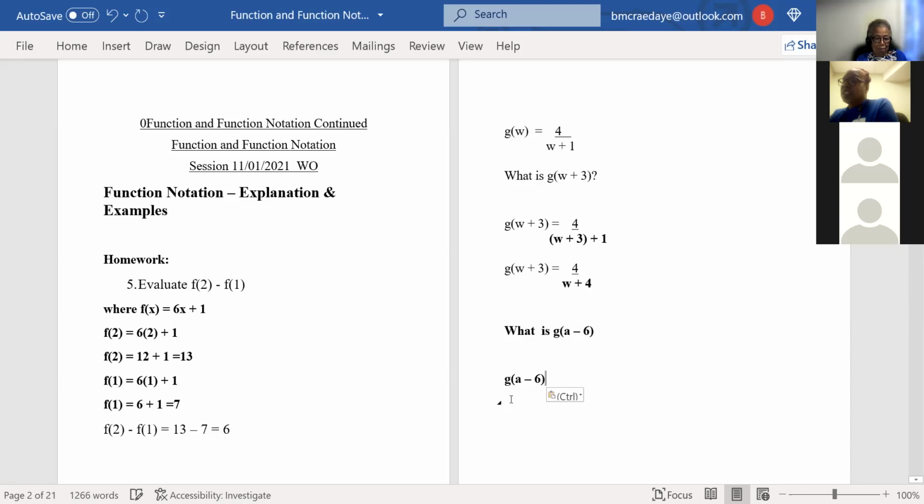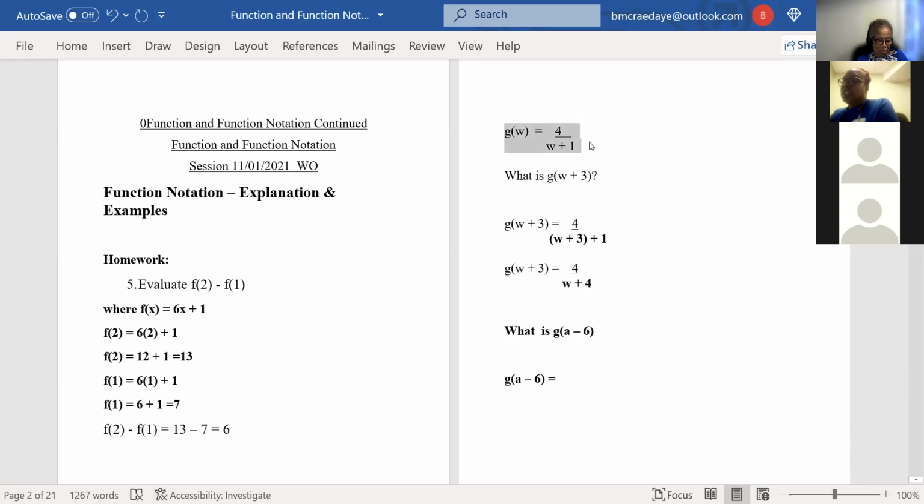What would that be equal to, Latoya? It's going to be A minus 6. No, don't you have to do parentheses first? Now this is the function right here.